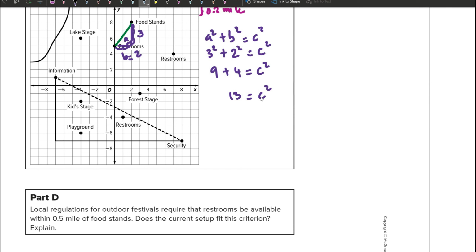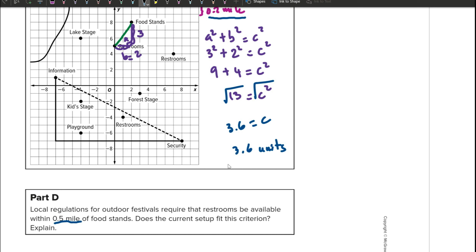So we're going to take the square root of both sides. C equals the square root of 13, which is 3.6. So the distance between food stand and restroom is 3.6 units, 3.6 boxes, right? They ask that it has to be within 0.5 miles. Earlier we said that every unit is 0.2 miles.